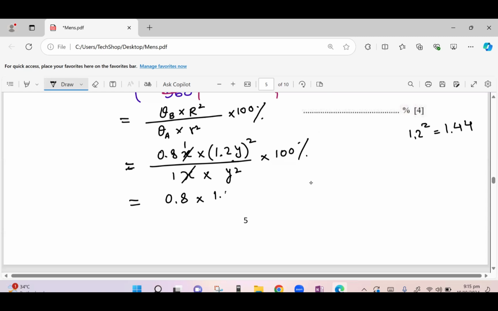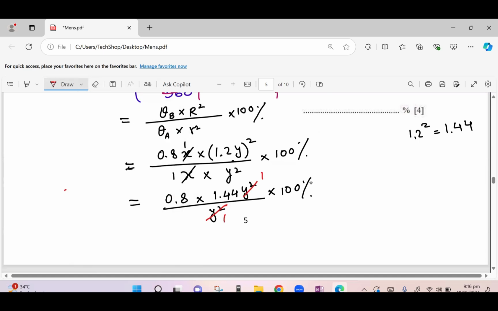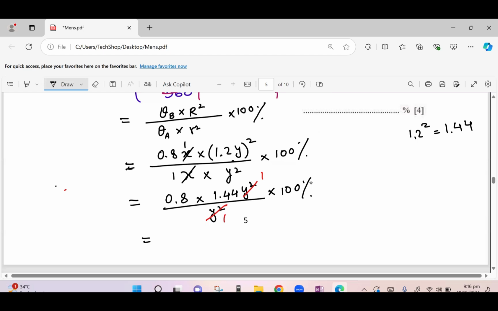So 1.44 y squared divided by y squared, multiplied by 100%. Now cancel out y squared. Now it will be 0.8 times 1.44, multiplied by 100%.